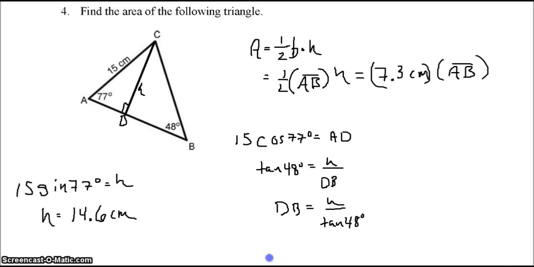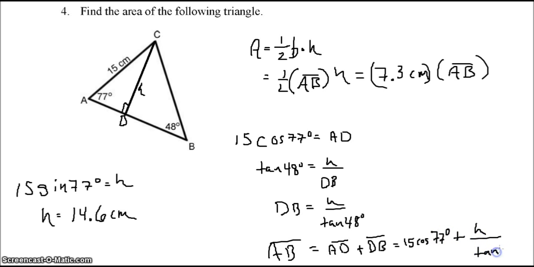So AB is simply AD plus DB, which is 15 cosine of 77 degrees, plus h over tangent 48. And we know h is 14.6.